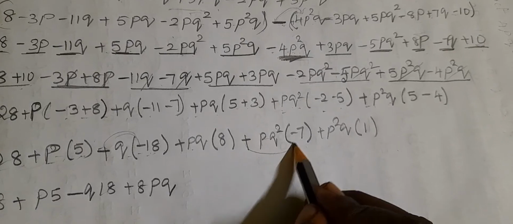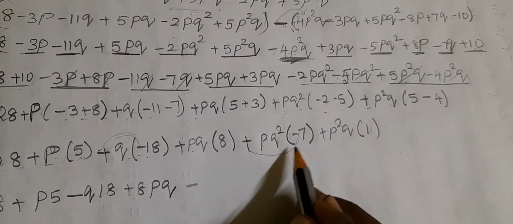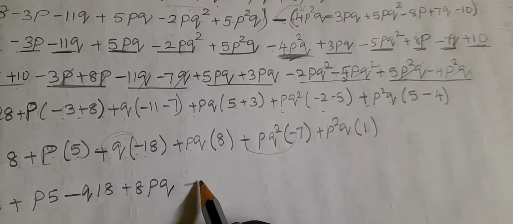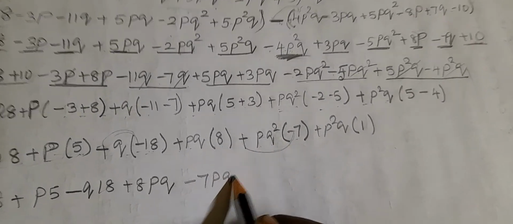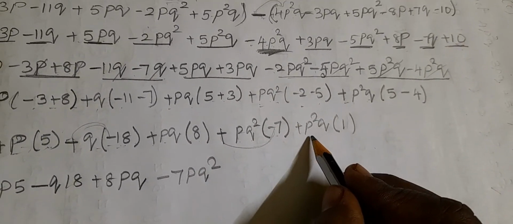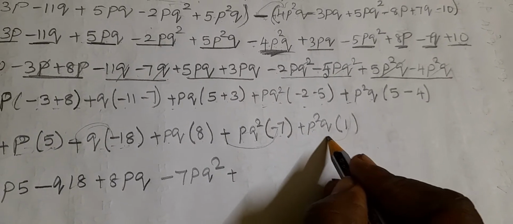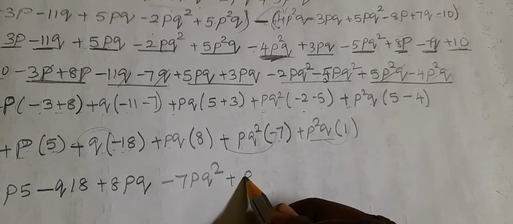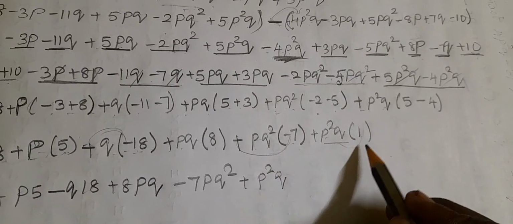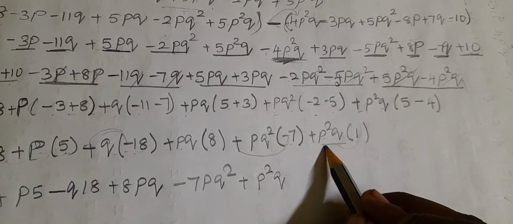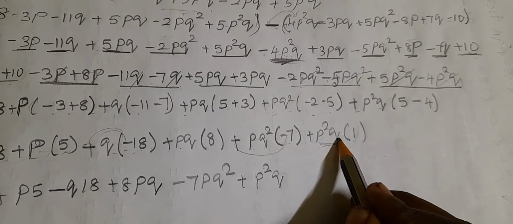Next, plus into minus is minus 7 into pq square. At last, 1 into p square q will be p square q. Multiply 1 with any number will give the same result, right? So p square q will be the same.